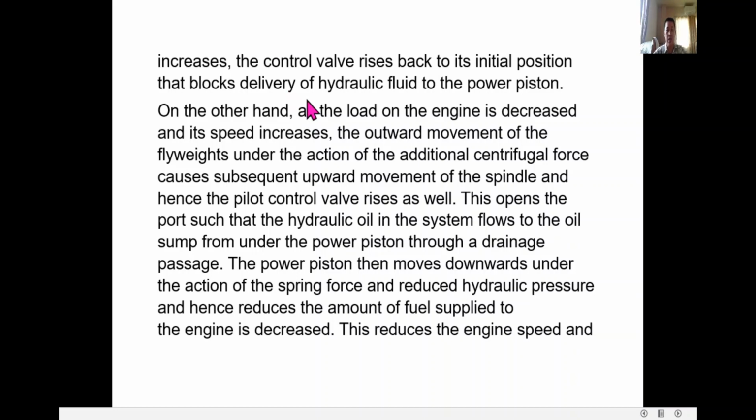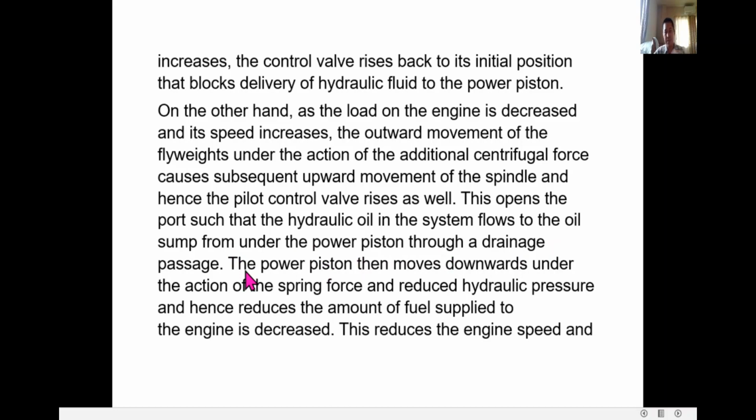On the other hand, as the load on the engine is decreased and its speed increases, the outward movement of the flyweights, as I said earlier, under the action of additional centrifugal force, causes subsequent upward movement of the spindle, and hence the pilot control valve rises as well. This opens the port such that hydraulic oil in the system flows to the oil sump from under the power piston through a drainage passage.